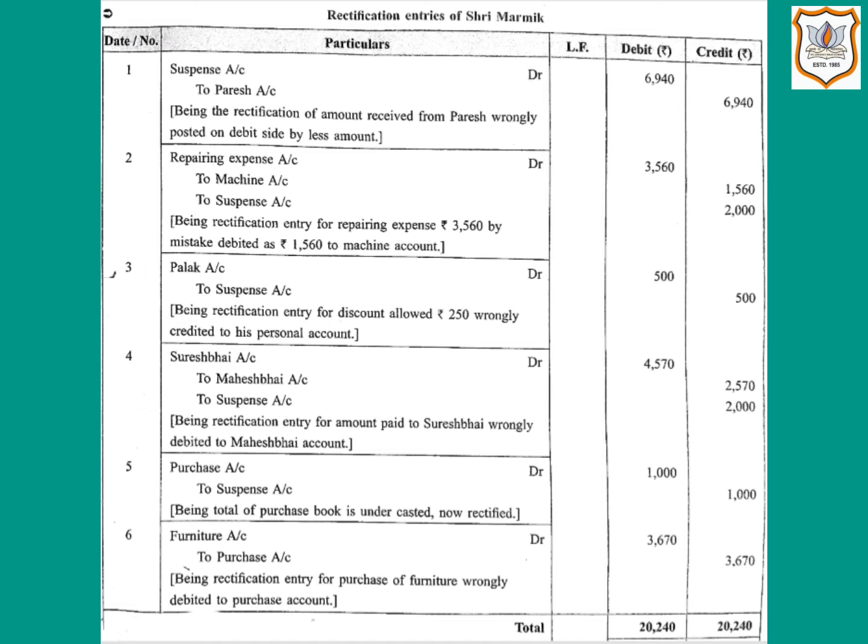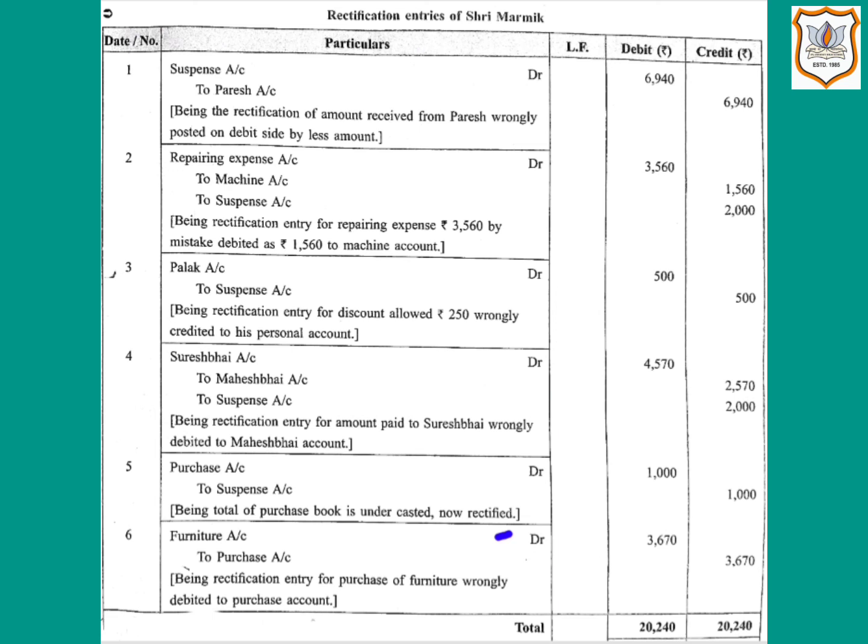So here, as it is given that furniture is purchased for rupees 3,670, as per the rule of real account, furniture account should be debited. So as per the principle do what is correct, furniture account will be debited by rupees 3,670 as per the rule of real account.